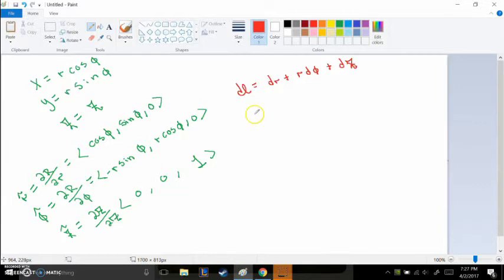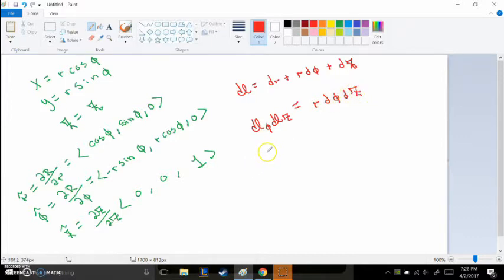For example, if you have a changing phi and a changing z, then your dA element is going to consist of dl phi dl z, which is going to be this one and this one. So r d phi dz.